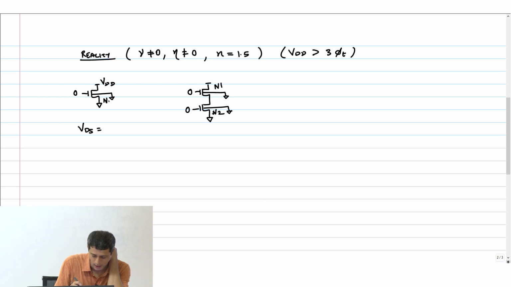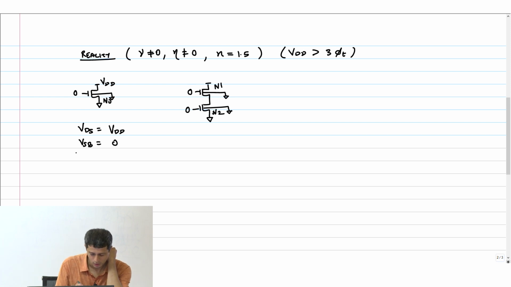So the VDS of this transistor here, right? Let me call this N0. VDS of N0 is what? VDD, right? Now what is VSB? 0, right?